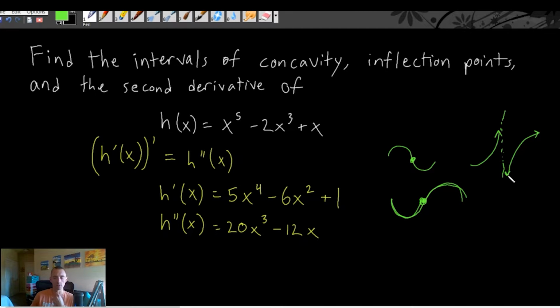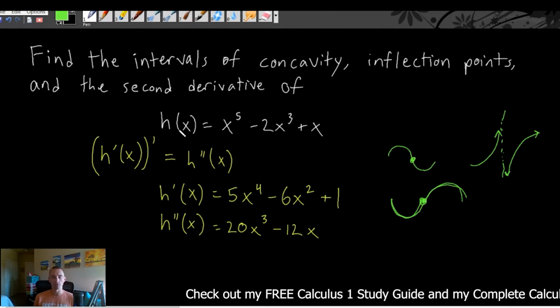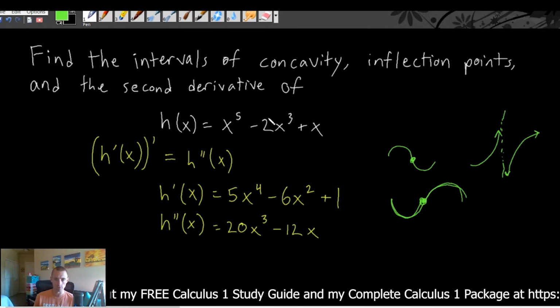It basically switches from concave up to concave down, but there's not actually a point on our function at this spot. So in order for something to technically be considered an inflection point, we need our original function to actually exist there. So really we're looking for inflection points specifically within the domain of our original function.